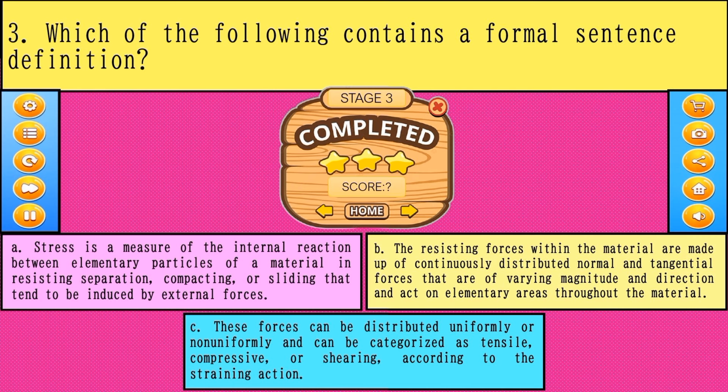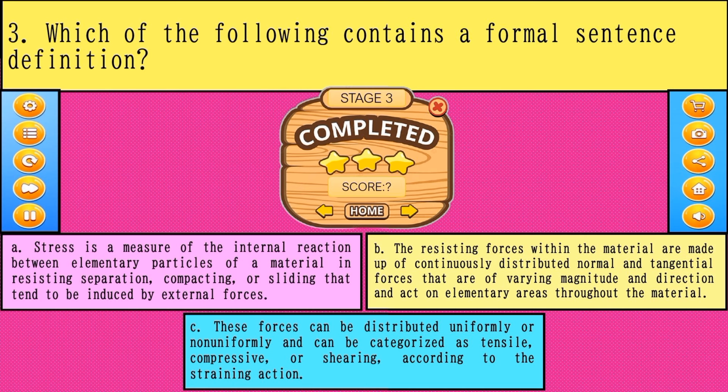Letter B. The resisting forces within the material are made up of continuously distributed, normal, and tangential forces that are of varying magnitude and direction and act on elementary areas throughout the material.